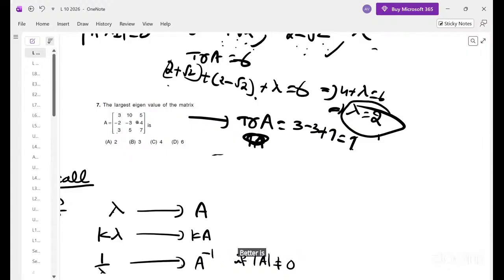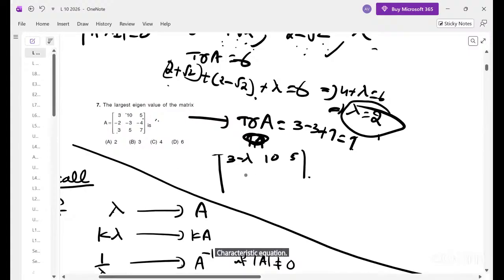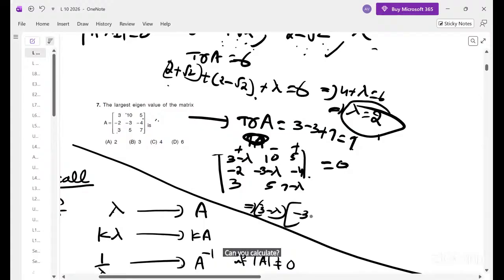It is better to solve the characteristic equation. 3 minus lambda, minus 2, minus 3 minus lambda, minus 4, 3, 5, 7 minus lambda. Ma'am, shall I leave it as homework?